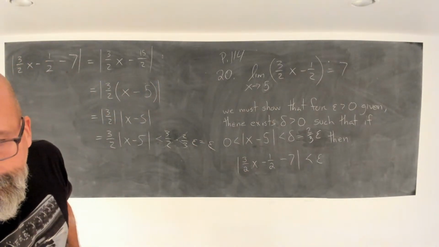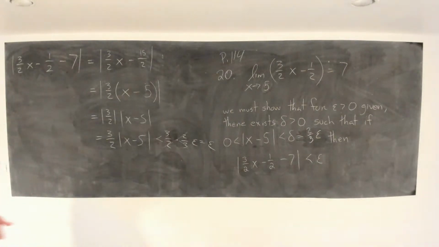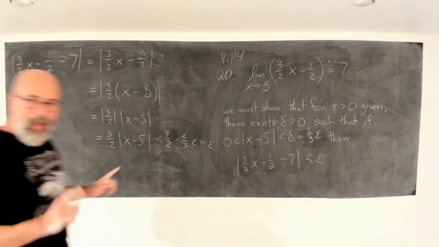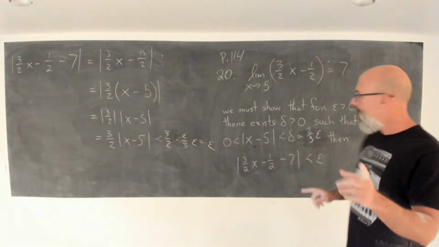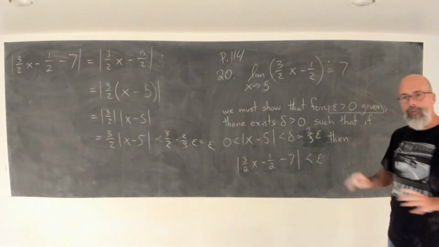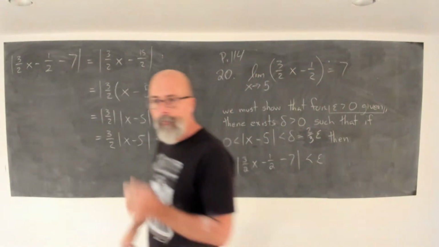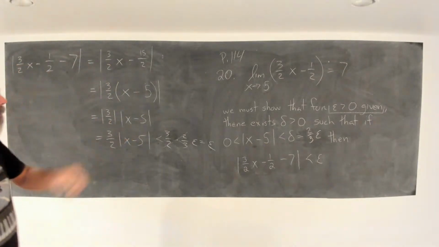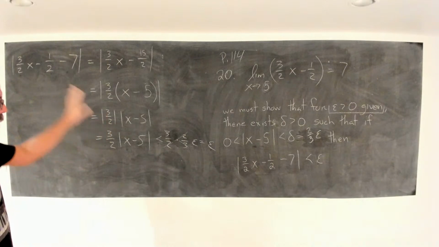How are we doing? And this limit, where are we getting epsilon? Epsilon is given. We have no control. It's a fixed number.